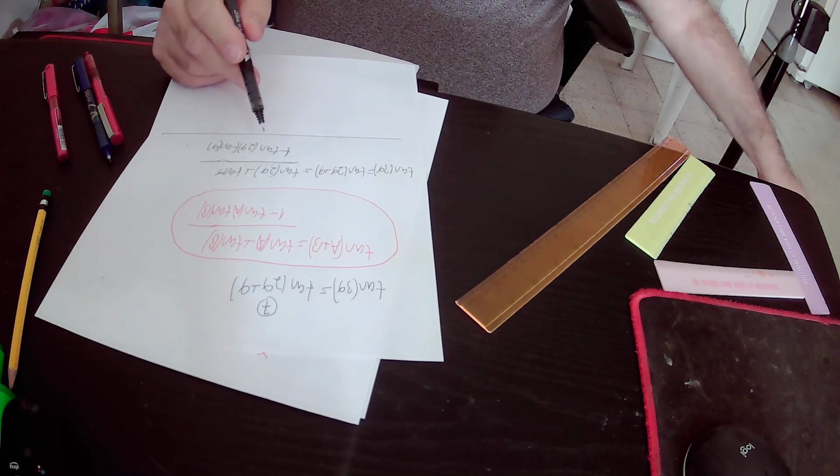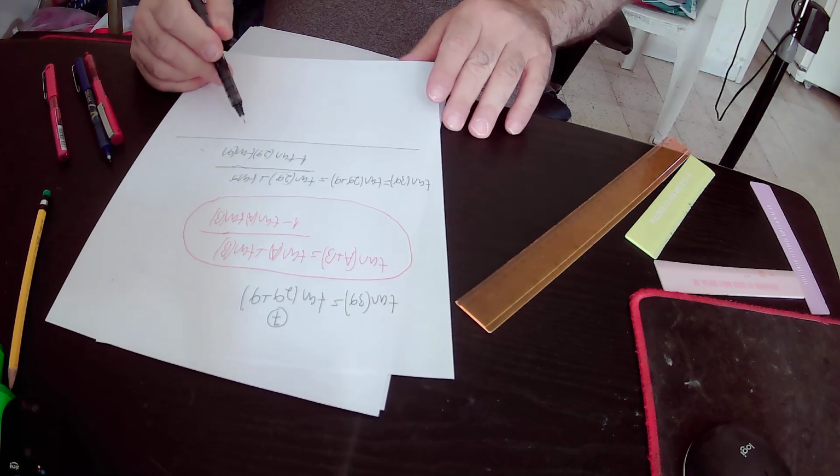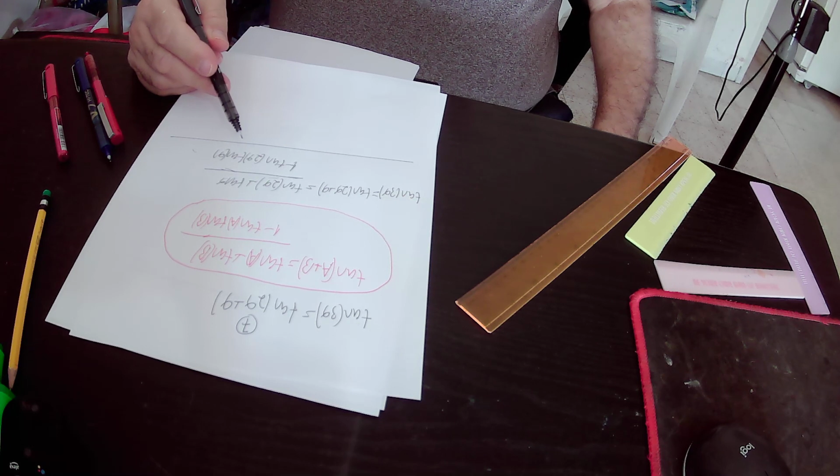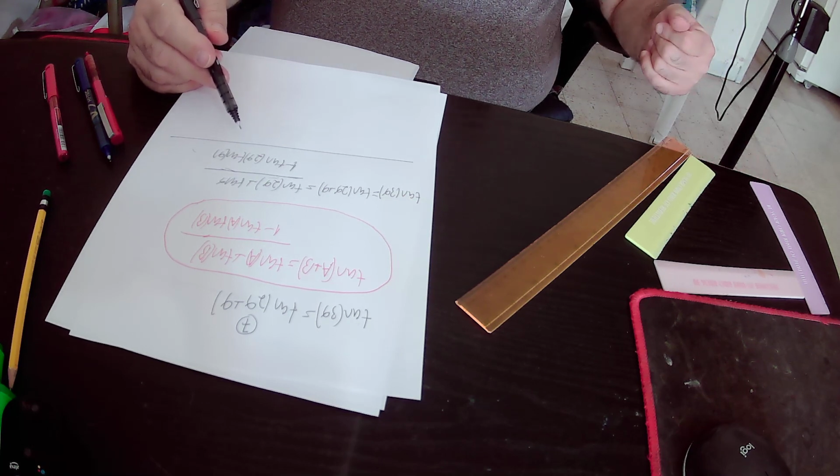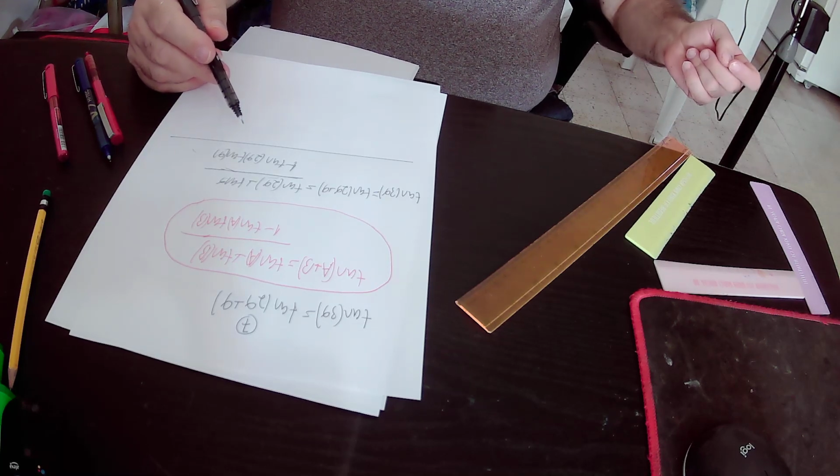So we will substitute the values of tangent alpha, tangent 2 alpha, and tangent 3 alpha by the values that we have already found out.